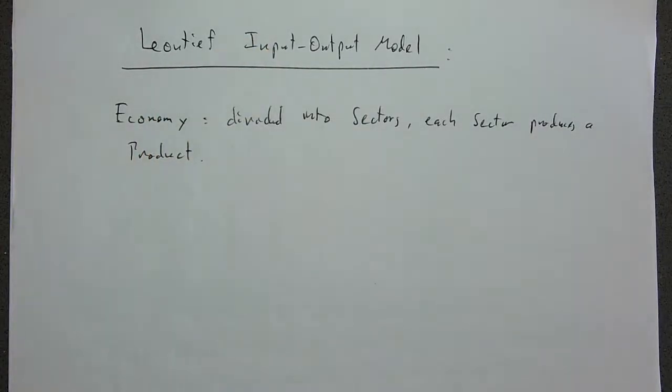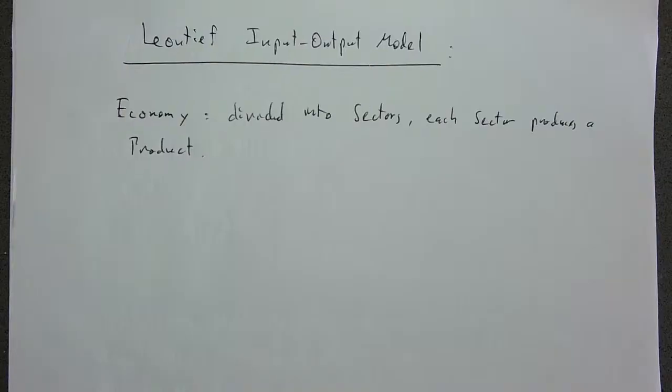Now, the idea is that in order to produce a product, which we might think of as producing some number of units of a product, you could normalize and say, how much does the sector require to produce 1 unit of its product? In order to produce the product, it may need input from all the other sectors. It might also need input from itself.